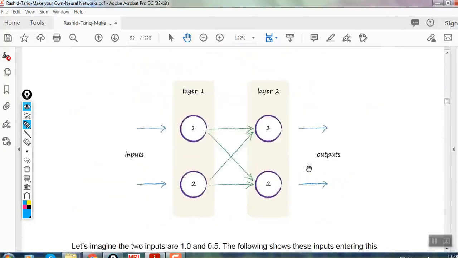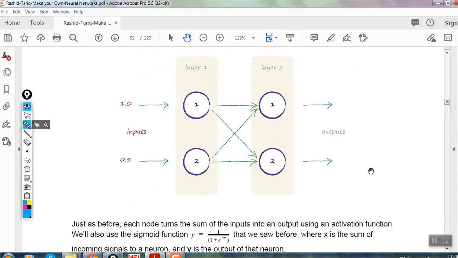Now consider a very simple neural network with 2 layers and 2 nodes in each layer. The connection is like this. We have inputs and we want to calculate the outputs.